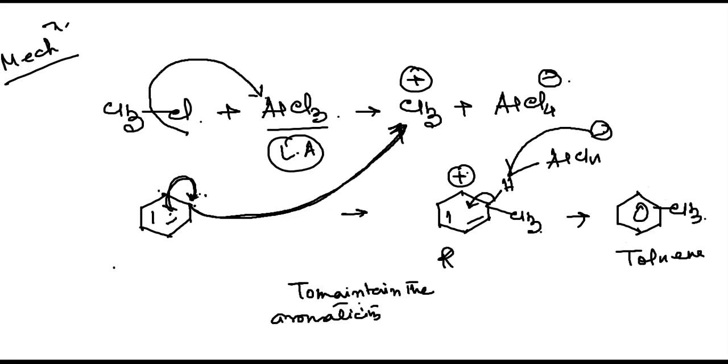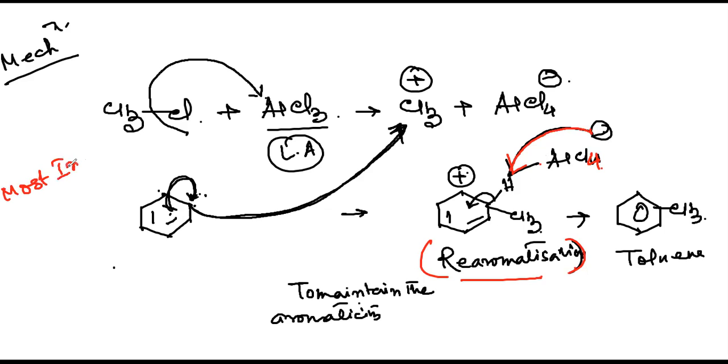This step is called re-aromatization. This is known as the re-aromatization procedure. So AlCl4 extracts the hydrogen and the bond goes here. You should always see the stability of the carbocation. Trademark point, most important point.